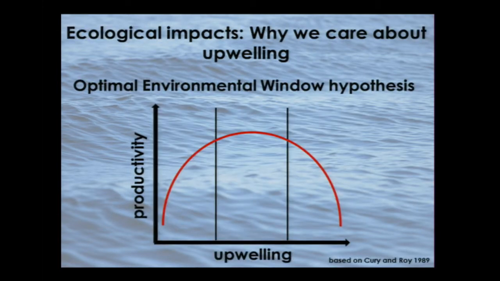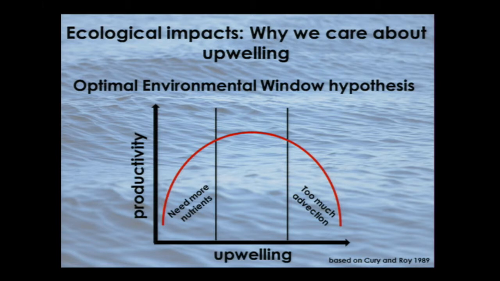Okay, why do we care? Well, we care because of all that productivity. This generalized diagram illustrates the optimal environmental window hypothesis. This hypothesis says that with increasing upwelling and increasing productivity, we get a bell-shaped curve. When upwelling is low, productivity could really use some more nutrients, so it would be great if we had more food.